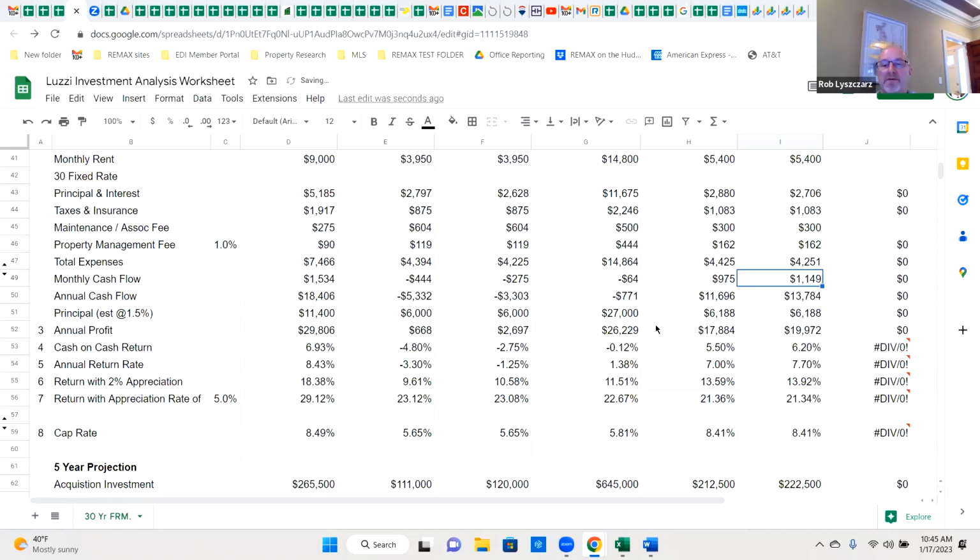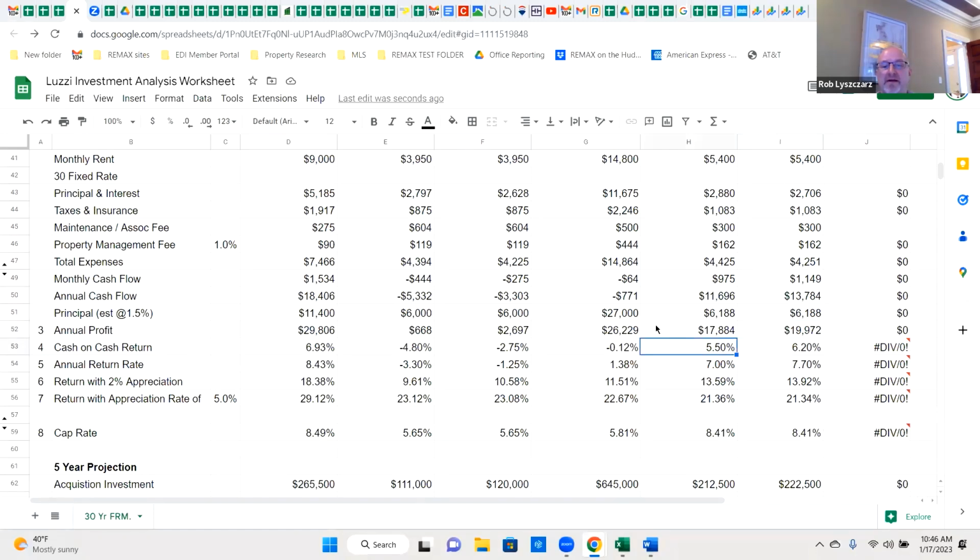Okay, so this one would have a monthly cash flow of 975 to 1,100. Annual cash flow of 12 to almost 14,000. You'd be paying off about $6,000 in principal. You'd have a profit of 17 to 20,000.